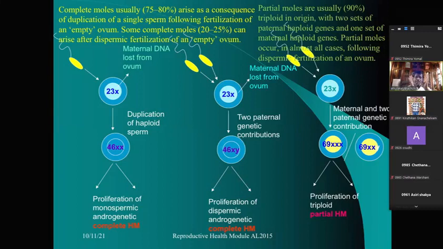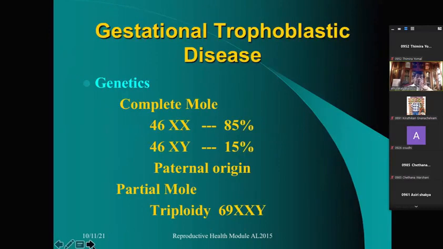Now, this is the basic pathology or the abnormality that occurs in all this group of disorders called trophoblastic disease. So this is what I said, genetically it can be 46XX because it's a single sperm, monospermic, about 75 to 80% of the time, and then a small percentage, two sperms getting in, about 15%.